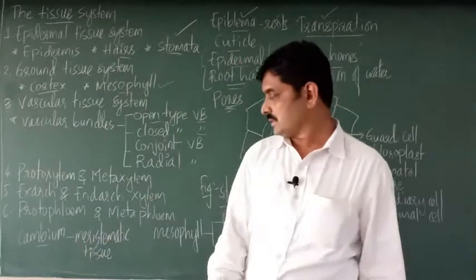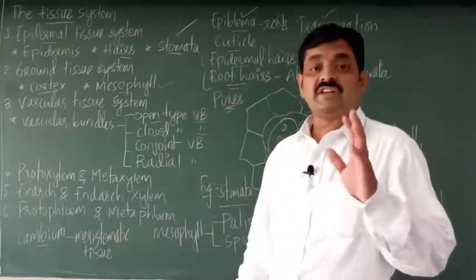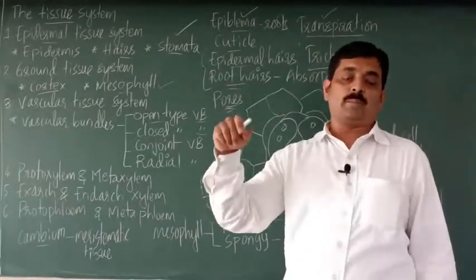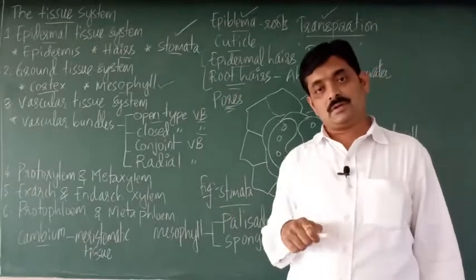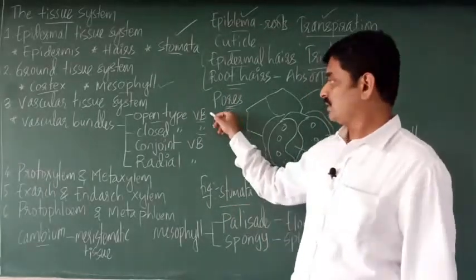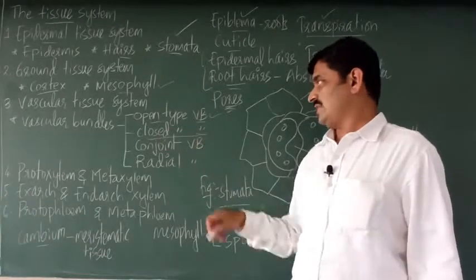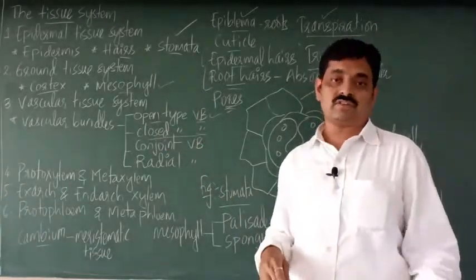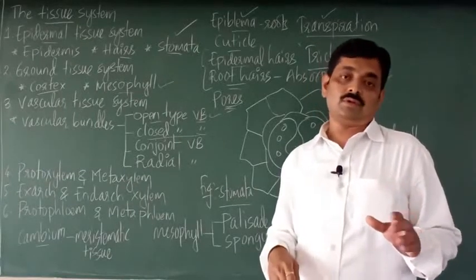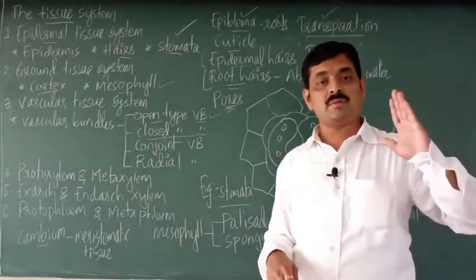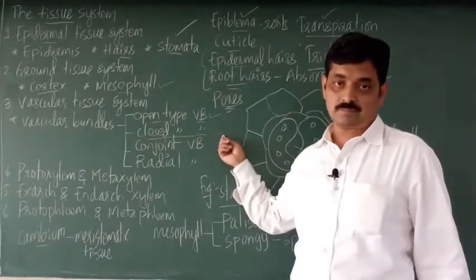So cambium is a type of meristematic tissue. When cambium is present between phloem and xylem, then the vascular bundle is called open type. Then closed type vascular bundles. Here cambium is absent. So between phloem and xylem, if cambium is absent, it is closed type vascular bundle.